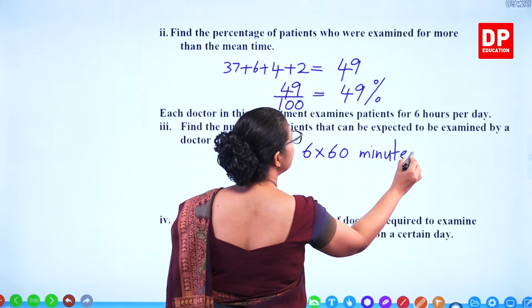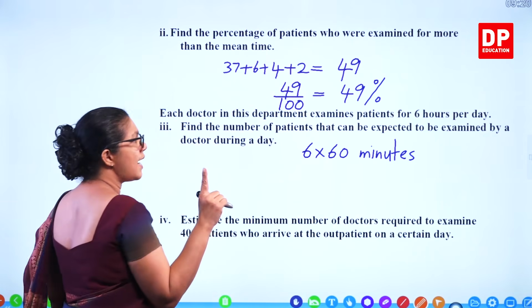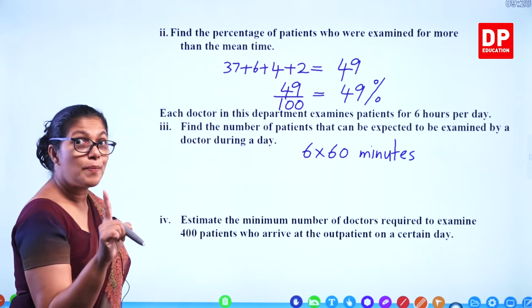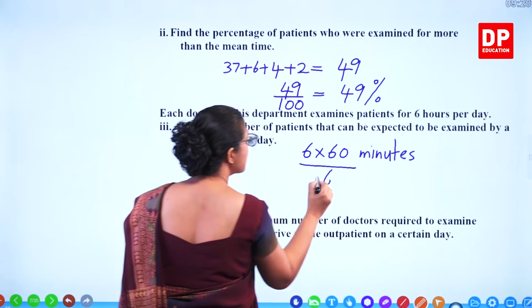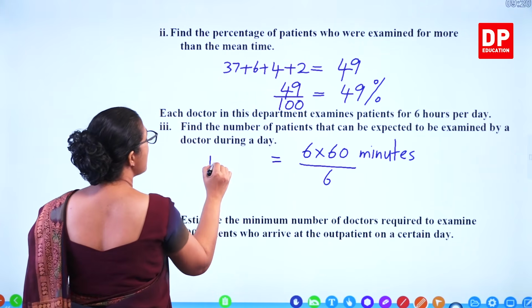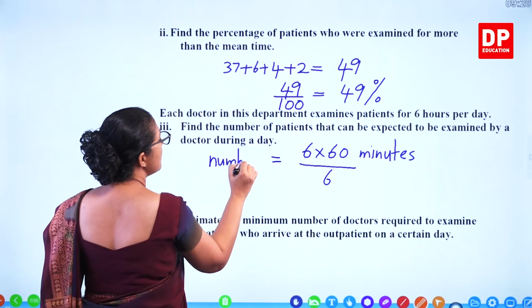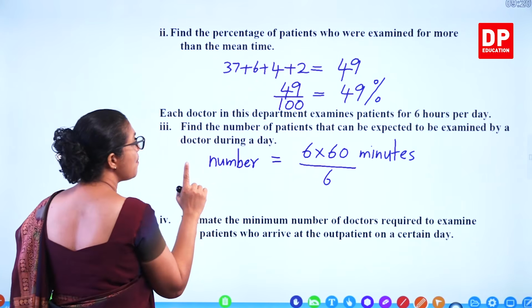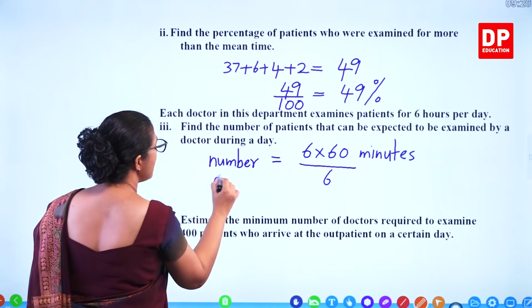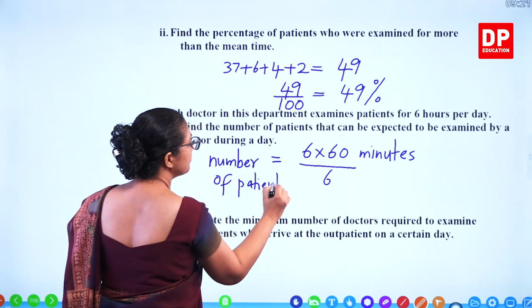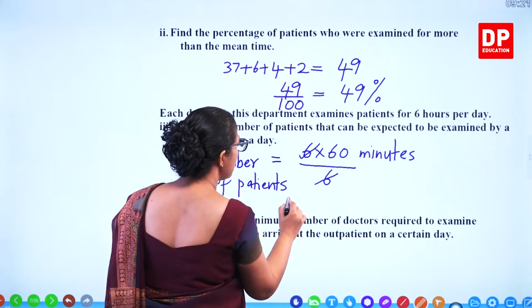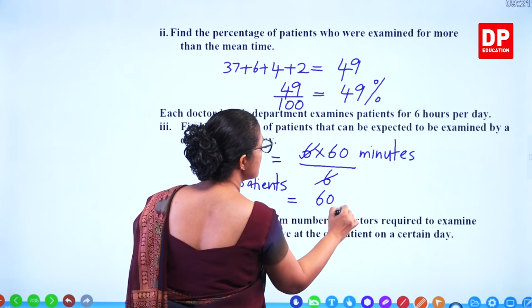Each patient, the doctor takes 6 minutes to examine. So when you divide by 6, you get the number of patients that a doctor can examine per day. So 6 gets cancelled out. That means 60 patients.